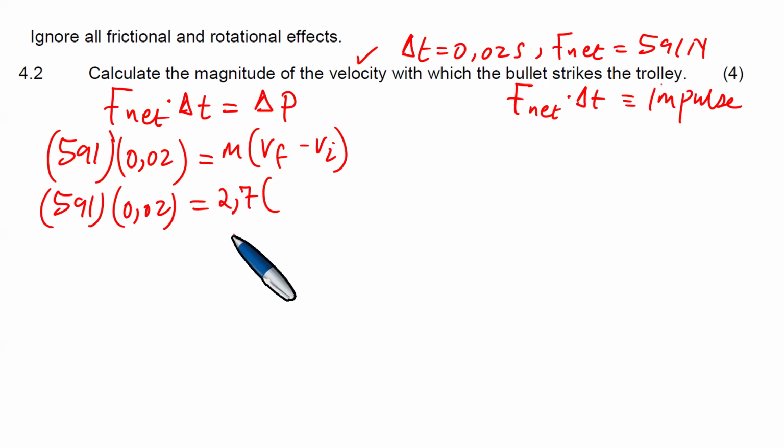And now we have the final velocity minus the initial velocity. Now we make a choice and choose a direction.